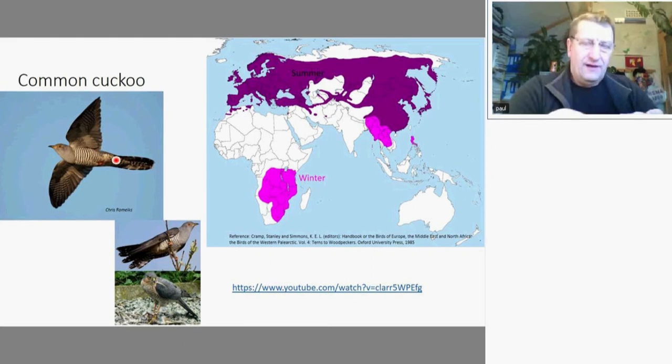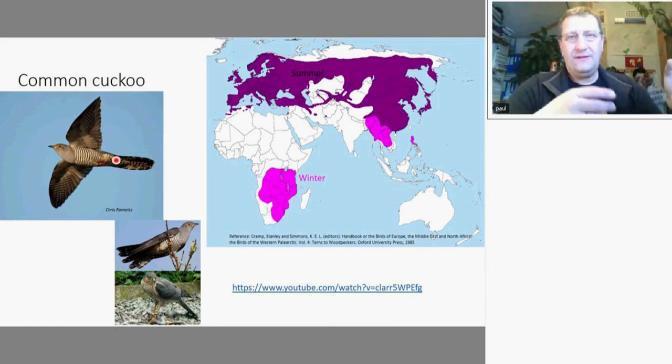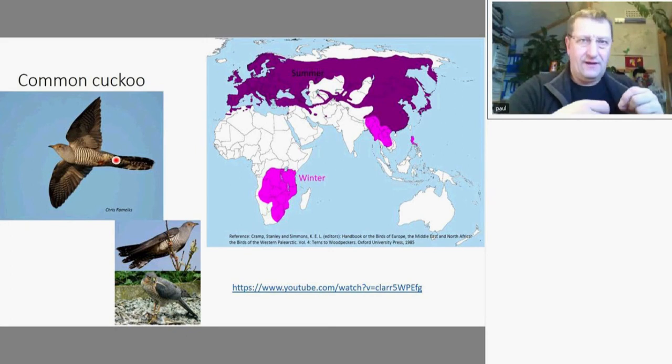This egg is then hatched by the other bird family that was living there, and the chick pushes out the other eggs and the other chicks, and then it's the only chick left in the nest. So the host family needs to feed and will feed the cuckoo chick until it is able to fly.